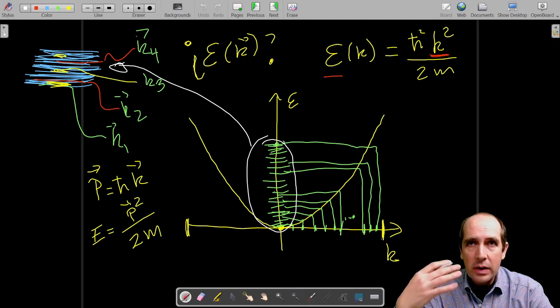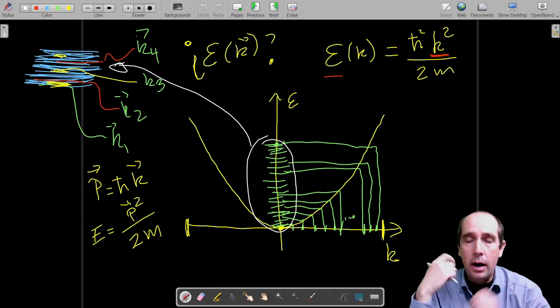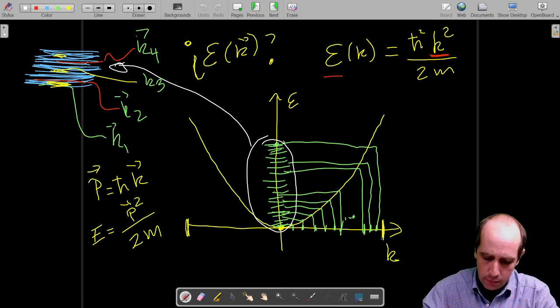So one other very interesting aspect of this quadratic relationship that we have shown here is that, let's for a second differentiate this expression we have for the energy.